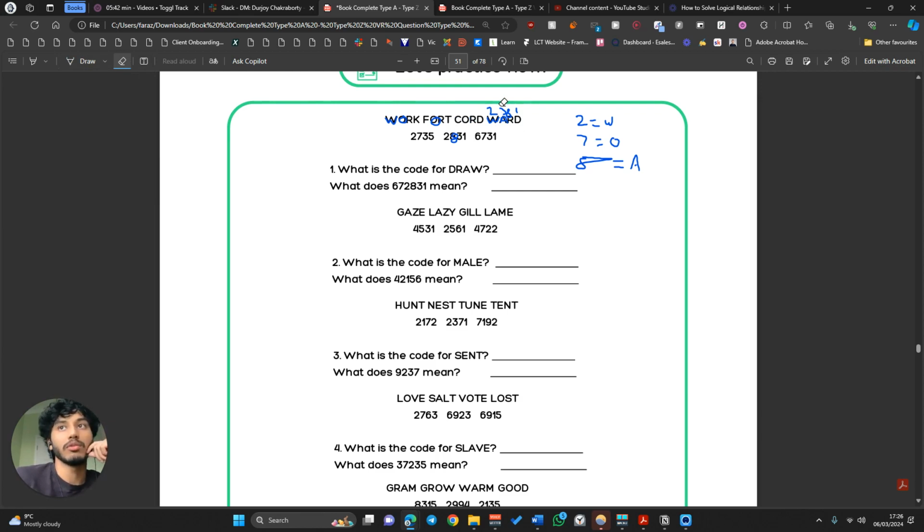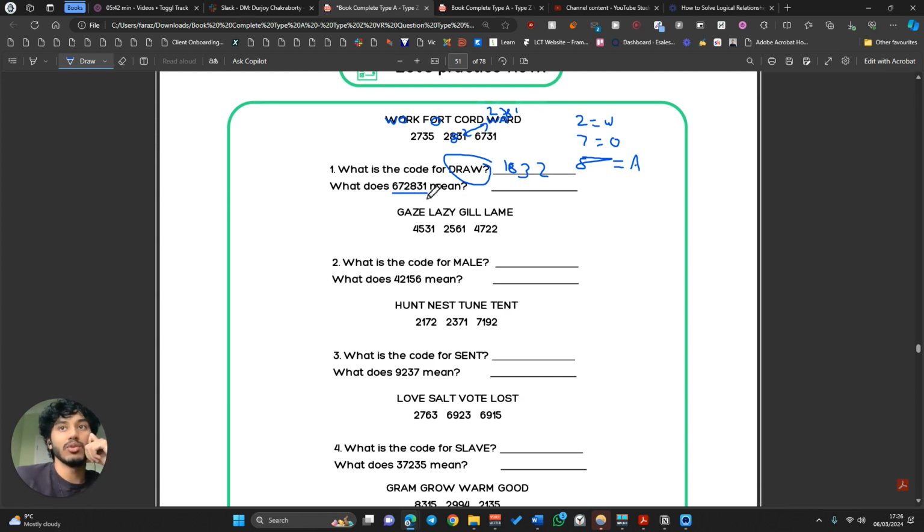We know 2 is equal to W, we know 3 is equal to A, we know 8 is equal to R, we know 1 equal to D, and we can actually figure out what the answer to this question is just from that. And you can see it's actually backwards, but yeah, 1, so D is 1, R is 8, A is 3, and W is 2, and that's our code for draw. We've just figured it out just from figuring out which code is actually linked to Ward.